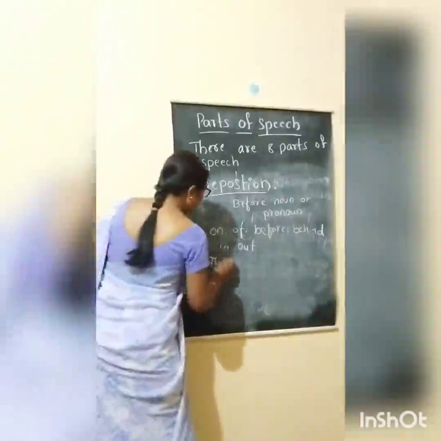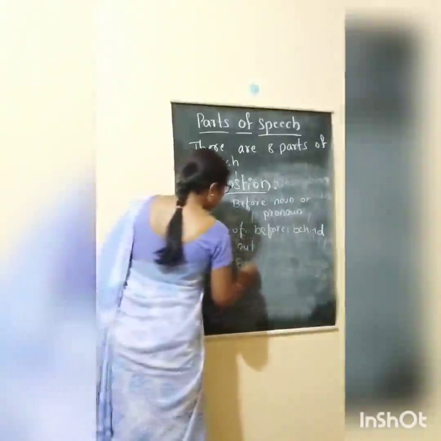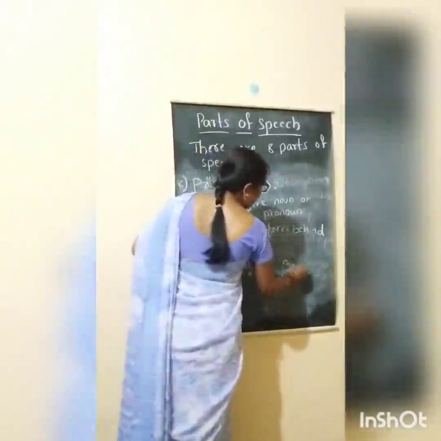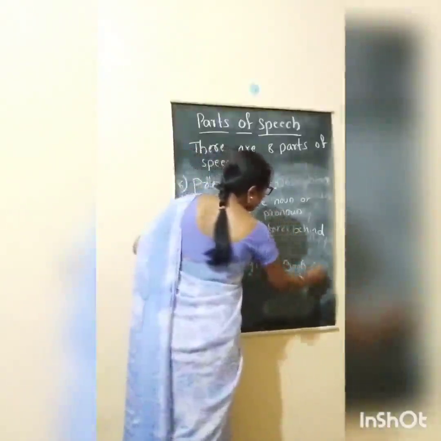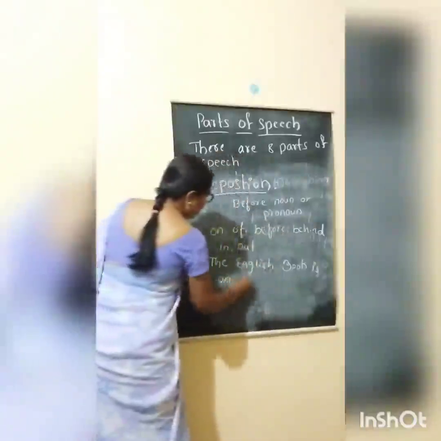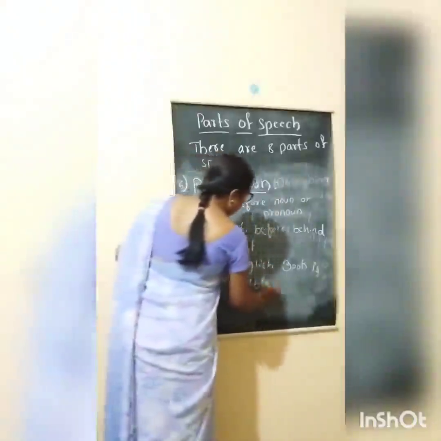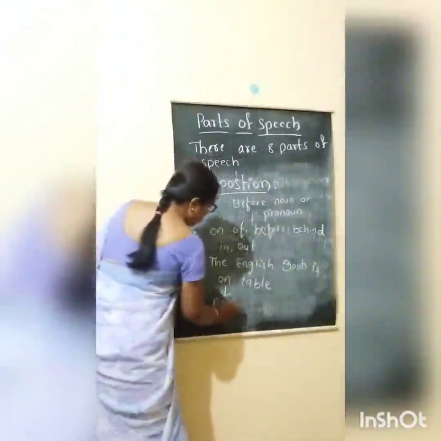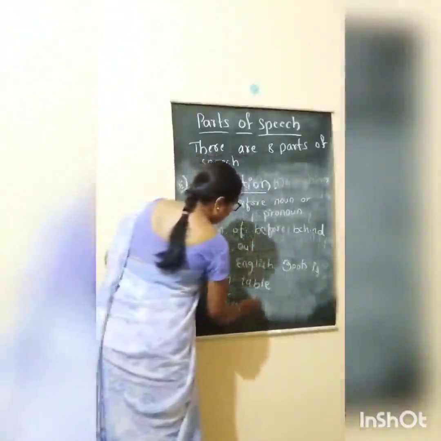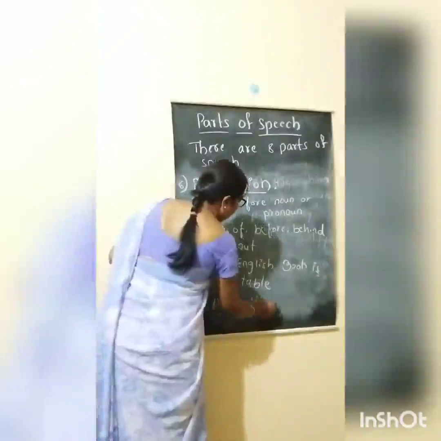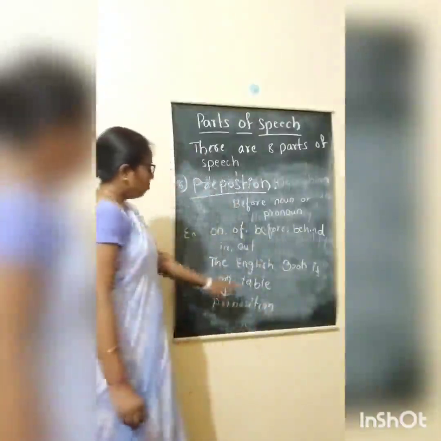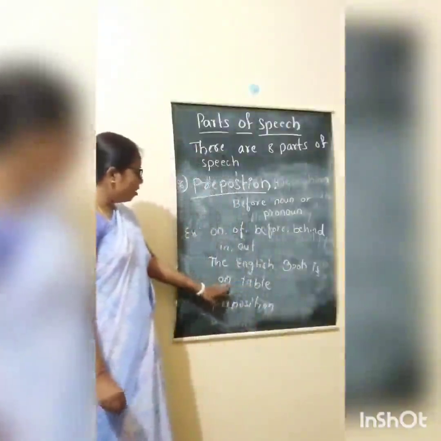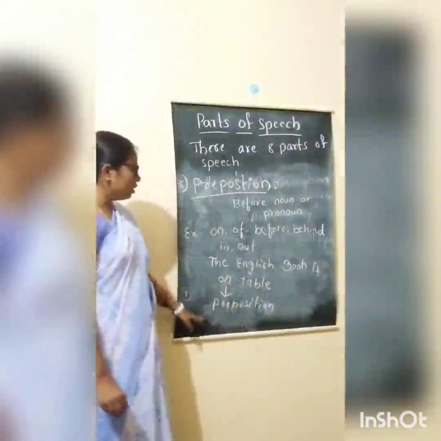The English book is on the table. Here on is a preposition. Before the noun we are using the word on, so this is a preposition.